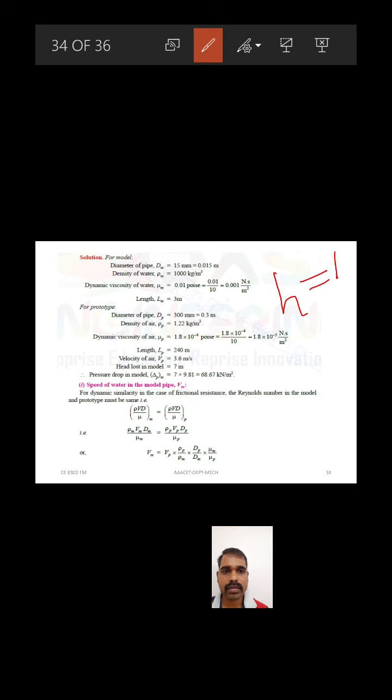H equal to P by rho g, where H is the pressure head. So P equal to H into rho g, right? So that you are getting in kilonewton per meter square.